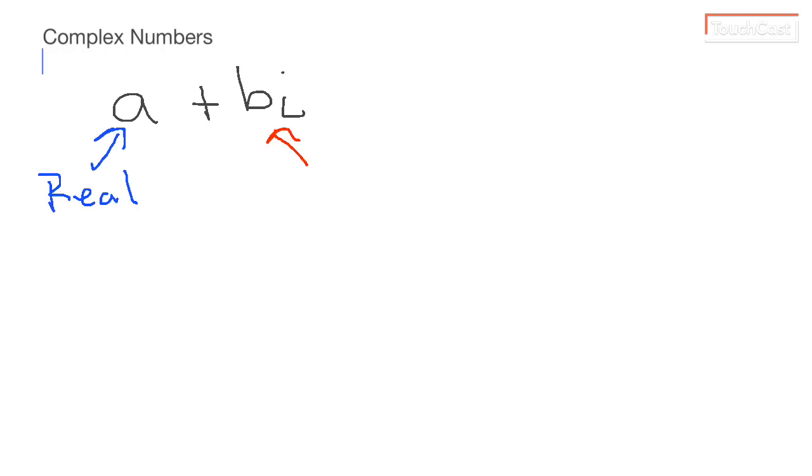simply a complex number has two parts to it. They are written in their standard form, a plus bi, where a represents the real part of this complex number, and the bi term represents the complex, not complex part, the imaginary part.